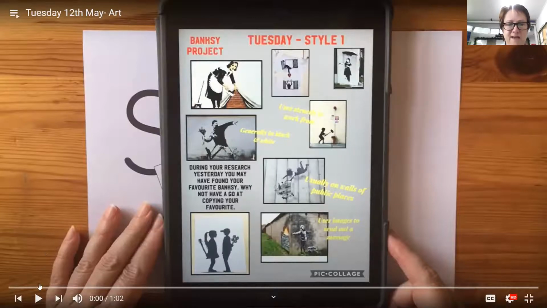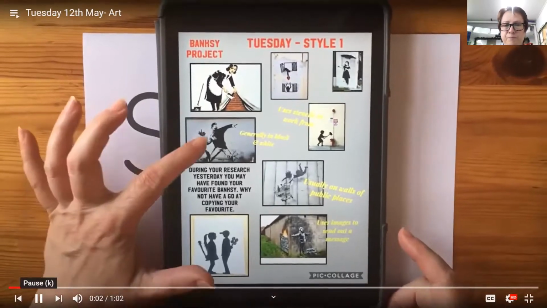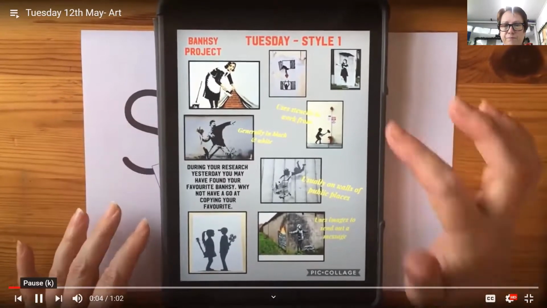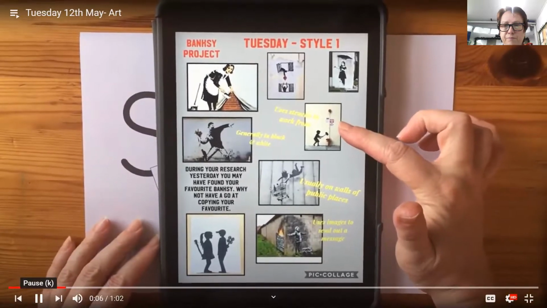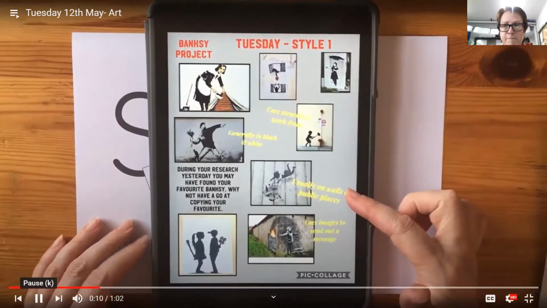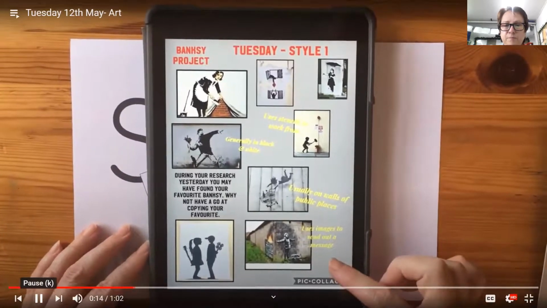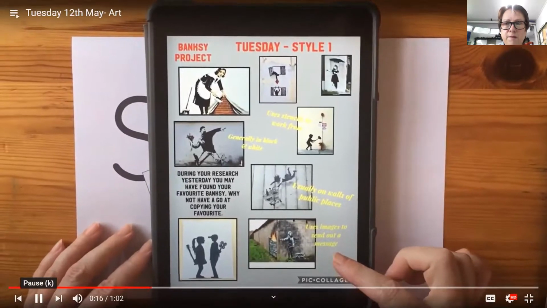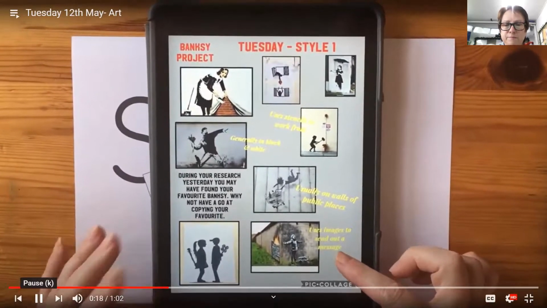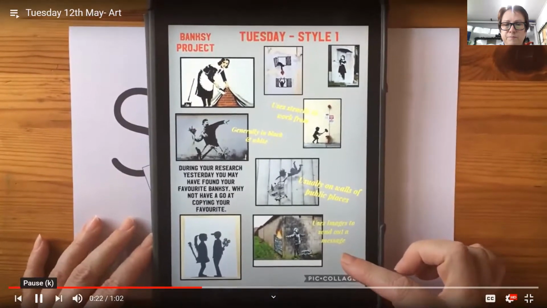Of his pictures, generally black and white. He did use quite a lot of stencils. Usually his pictures are on walls of public places, and sometimes the images that he paints, stencils, are to send out a message.